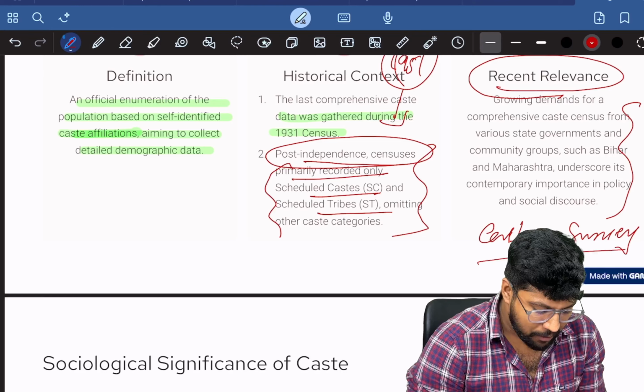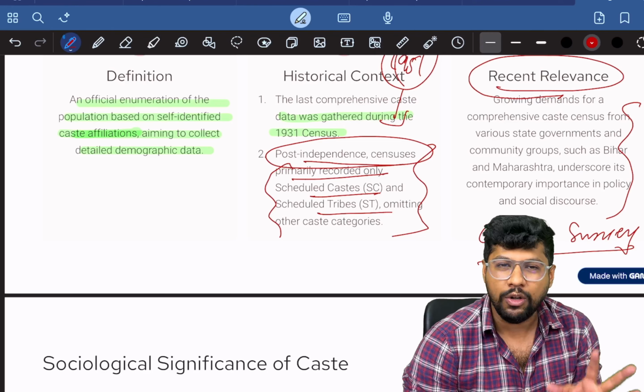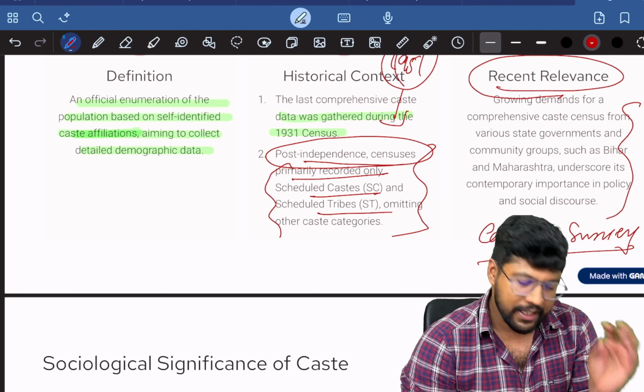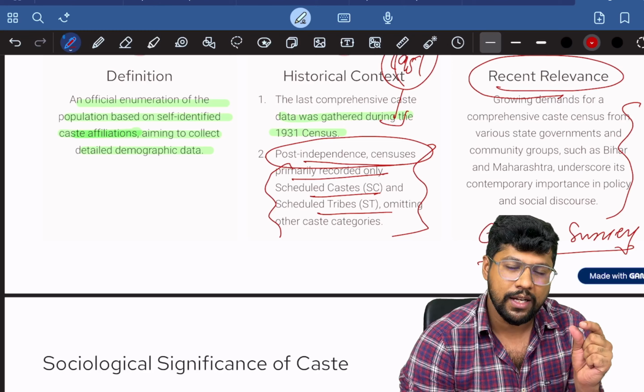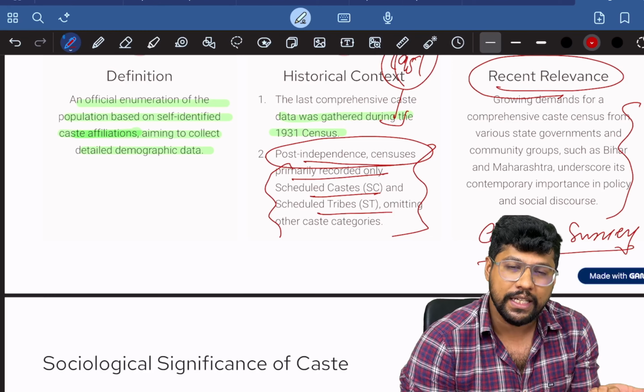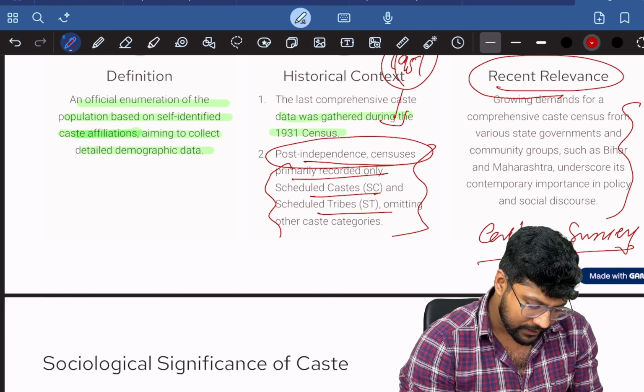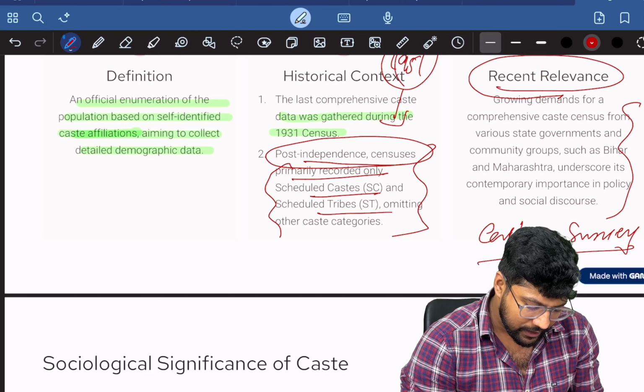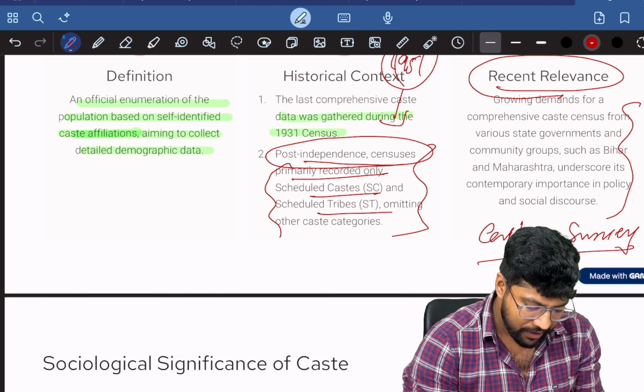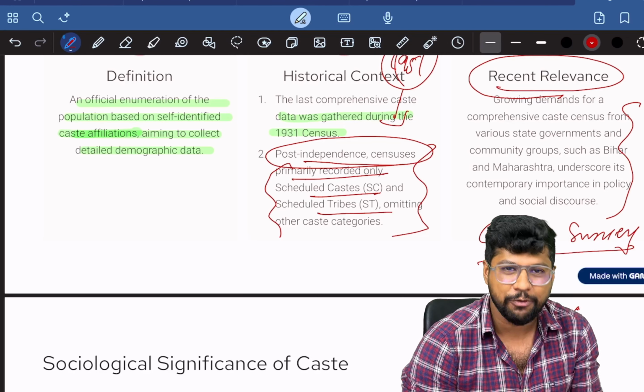The state governments, for example Bihar and Karnataka, conducted caste surveys which showed an increase in the OBC castes. For example, the Bihar state survey shows that 63% of the Bihar population are economically and educationally backward sections.